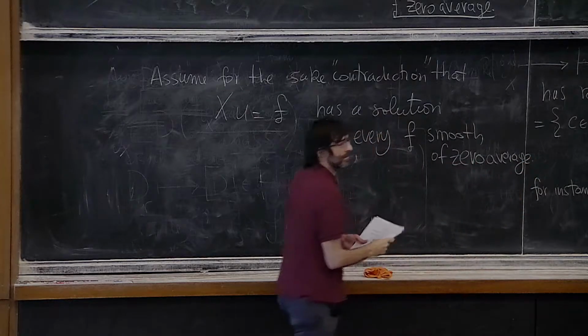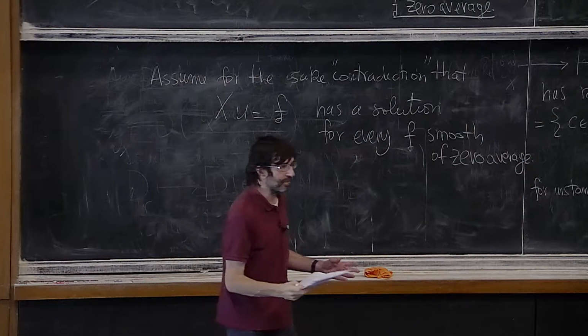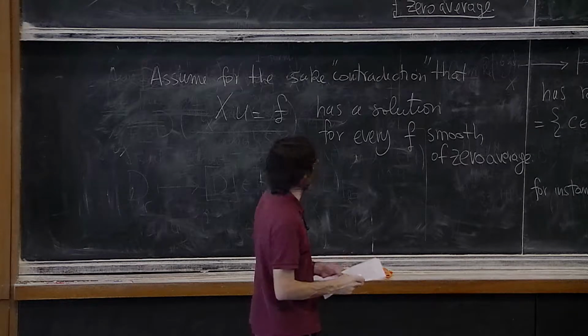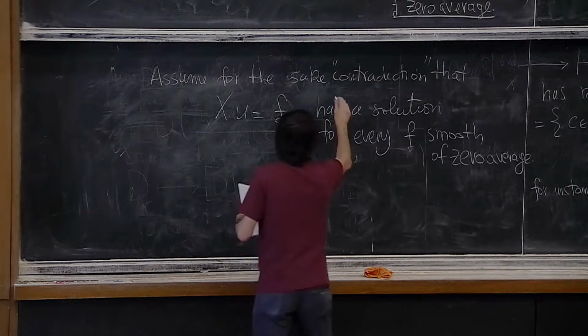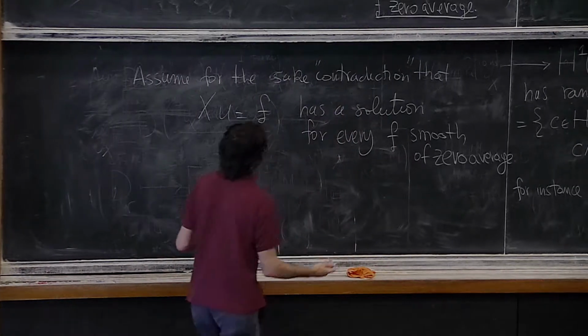I'm not trying to give you a rigorous proof, it's just a sketch of the basic reason. So let's suppose that it works like in the torus. Of course, this is not going to be true, but suppose that it does.